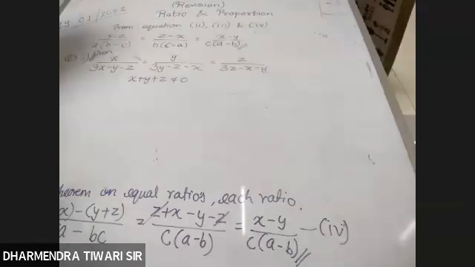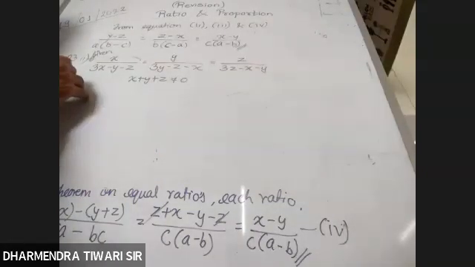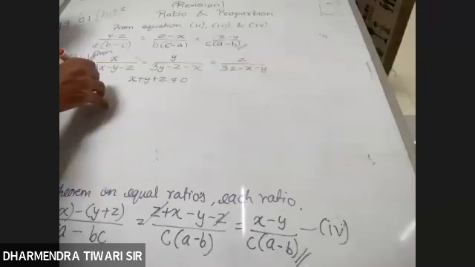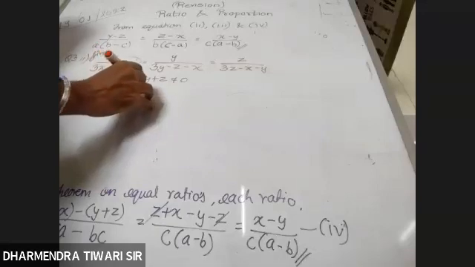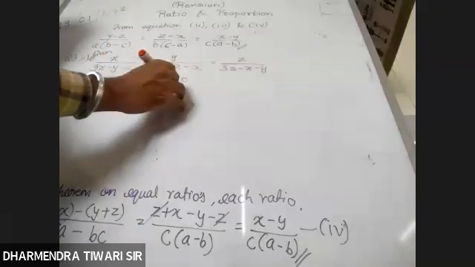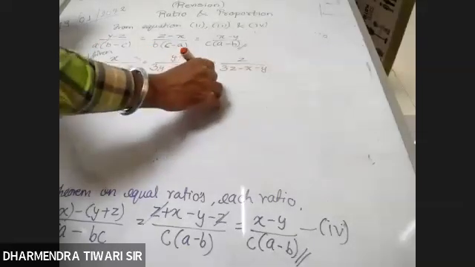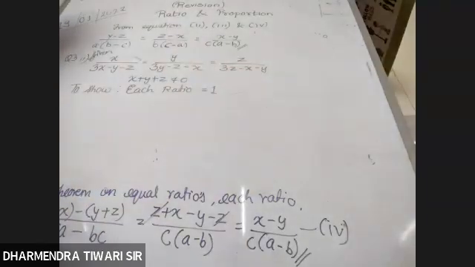We need to show that each ratio is equal to 1. This sort of means we need to solve this and just need to show that this is nothing but equal to 1.